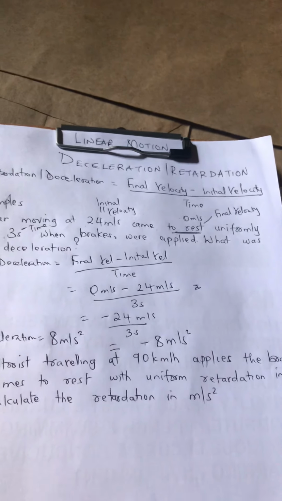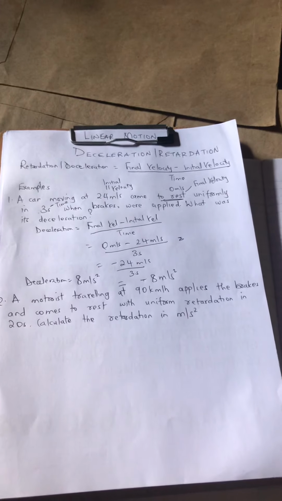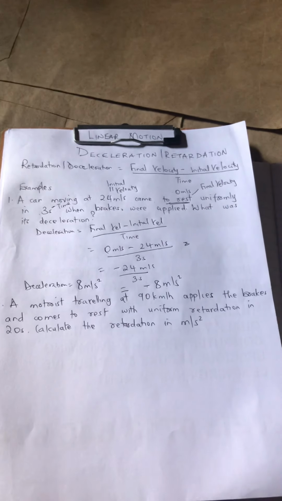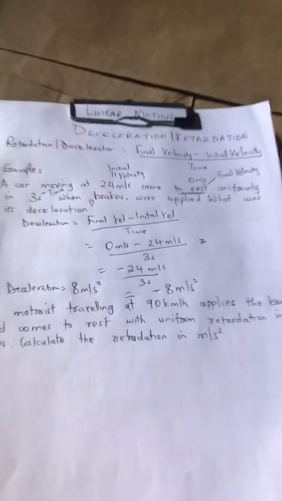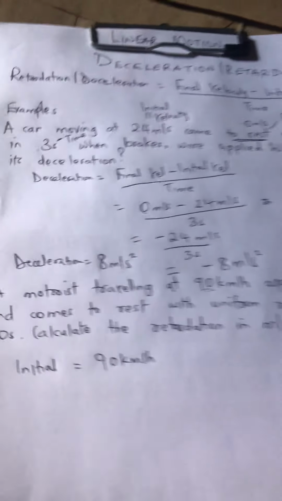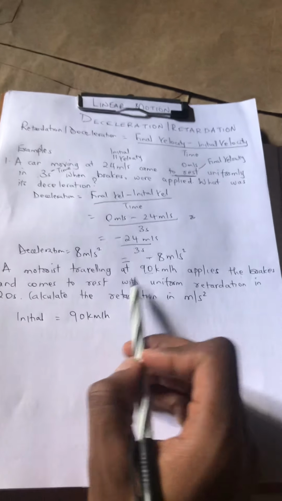Hapo sawa. Nice one. Example 2 inasema a motorist traveling at 90 kilometers per hour applies the brakes and comes to rest. So alianzia 90 kilometers per hour. So this is our initial, ilikuwa 90 kilometers per hour. Then applies brakes, akakanyaga brake and he came to rest.